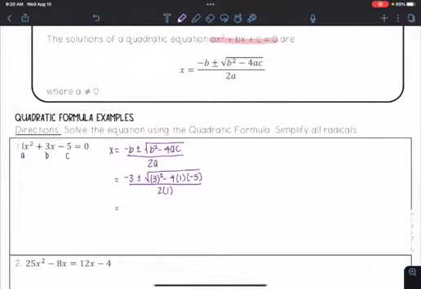Now I just need to go ahead and simplify this. I like to simplify underneath the radical first. So when I do 3 squared, I get 9. 4 times 1 is 4. 4 times negative 5 is negative 20. But I have a negative out in front, so this is really going to be plus 20, all over 2 times 1, which is 2.